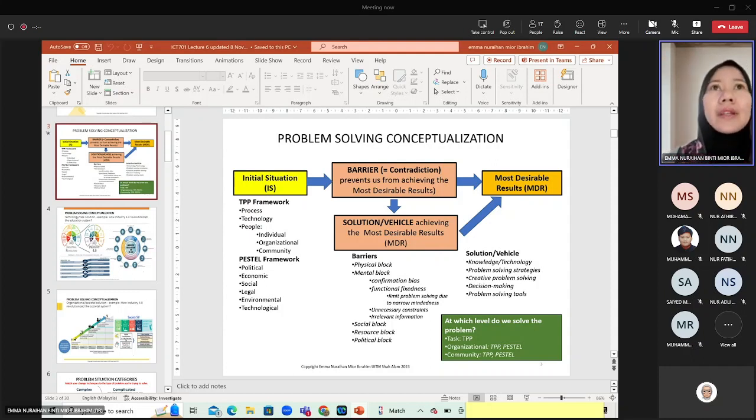And along the way is how you want to achieve the results. Either you create your own vehicle, which means, are you going to come up with the infrastructure? Are you going to modify the existing infrastructure? Or perhaps the current infrastructure is not sufficient to bring you to the desirable results.